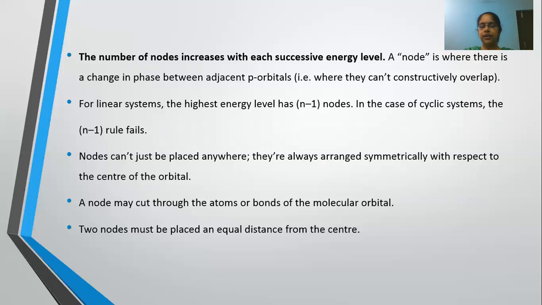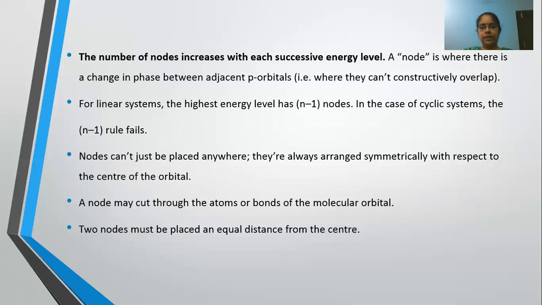The intermediate energy level molecular orbitals contain nodes, and the number of nodes increases with each energy level. These nodes can't be placed anywhere. They are always arranged symmetrically. A node may cut through the atoms of the molecule or through the bonds, and two nodes must be placed at an equal distance from the center.